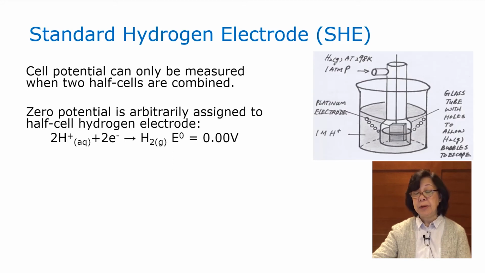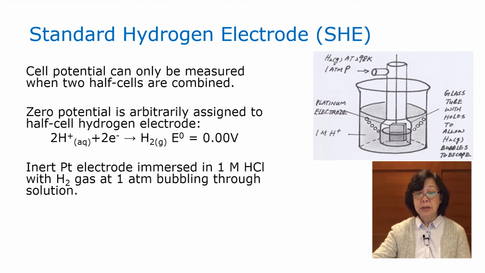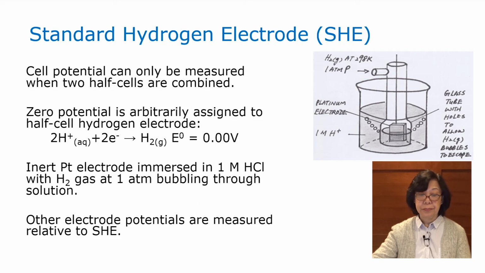As depicted by this diagram, there's an inert platinum electrode immersed in 1 molar hydrochloric acid with hydrogen gas at 1 atmosphere pressure bubbling through the solution. Once we have the standard hydrogen electrode with the 0 voltage potential, other electrode potentials are then measured relative to this SHE.